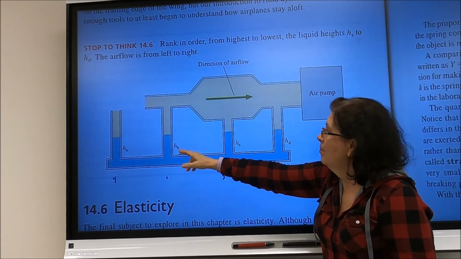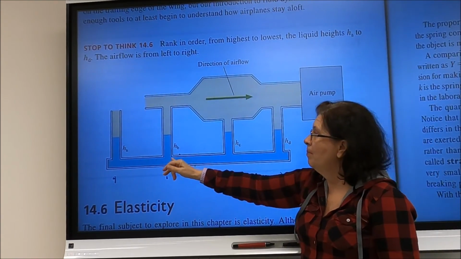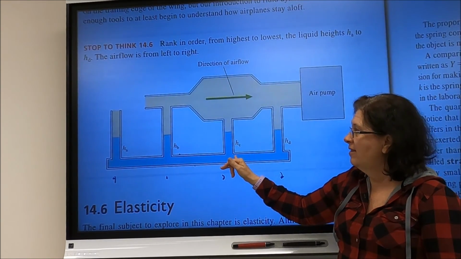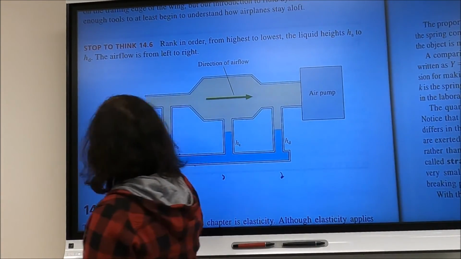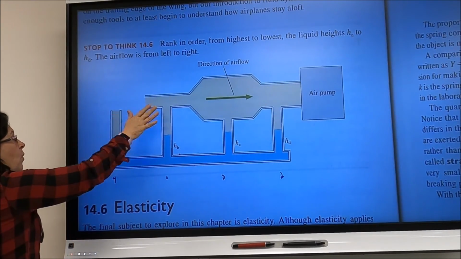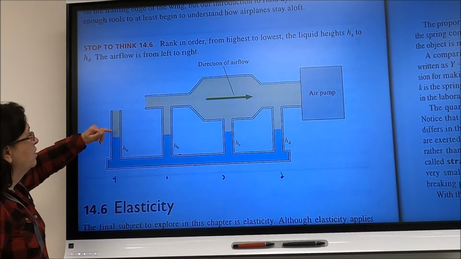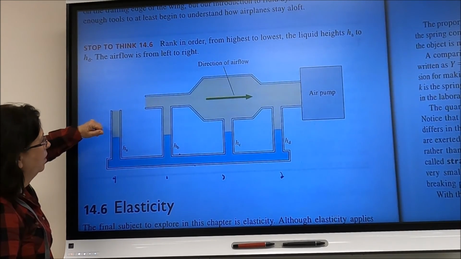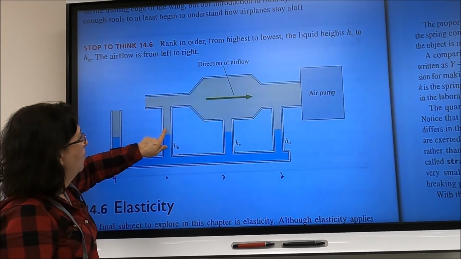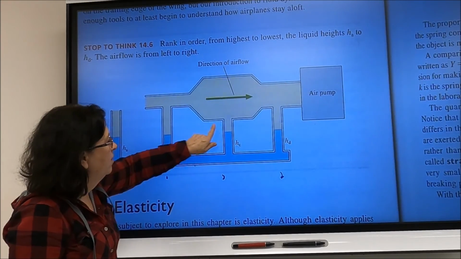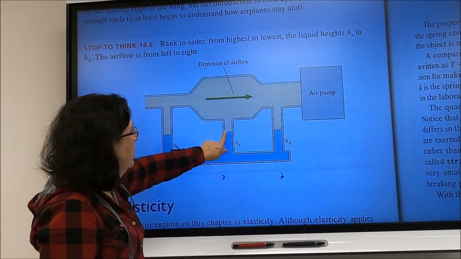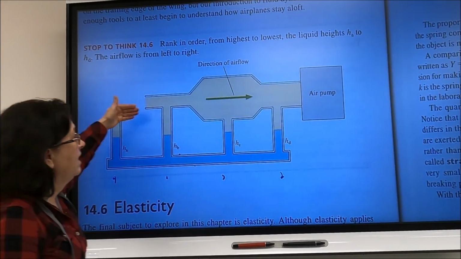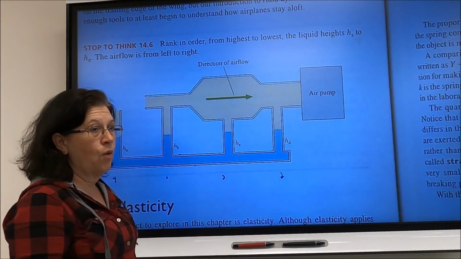So between B, C, and D, B is going to have the lowest height, D is going to be next, then C. And then out here, this would be one where we have no airflow. This one's going to be the highest. This one's going to be atmospheric pressure. So it's going to go B is the lowest, then the next lowest is D, then the next lowest is C, and the last is A, because these have air streams going over them.